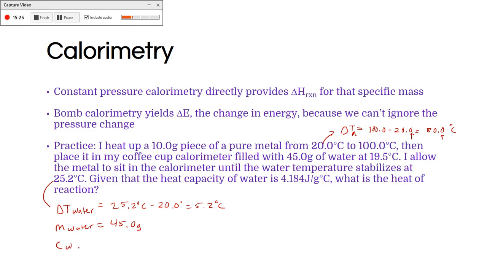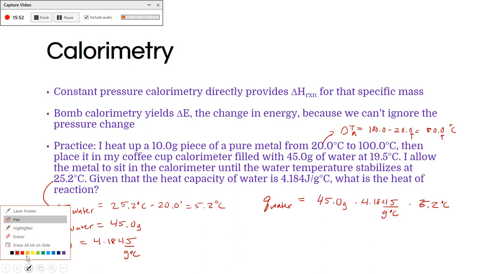And I know from the last slide that the heat capacity of water is 4.184 joules per gram degree C. So conveniently, we know an awful lot about water, which means I can find the heat for the water. So it's going to be mass times heat capacity times the change in the temperature, which is 5.2 degrees Celsius.